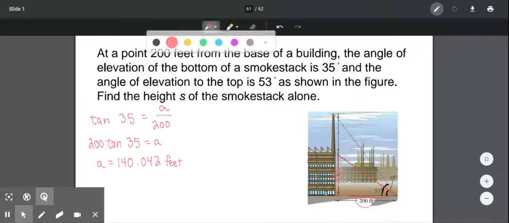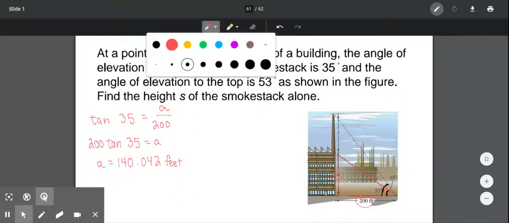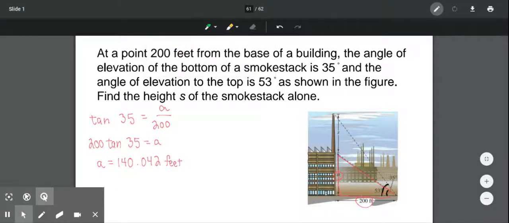But then we don't have information for just the smokestack. So what we're going to have to do is take the big triangle, which is the smokestack plus the building, and find that side there. Still tangent, but let's call this side over here T for the total smokestack and building.